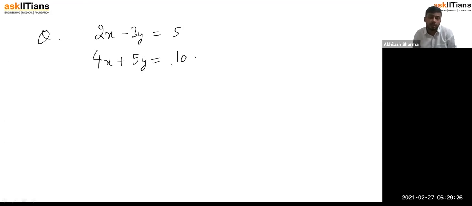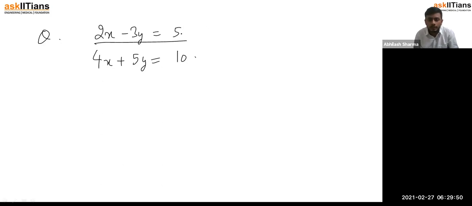Using elimination, right? So if it is given to solve by elimination, what we should do is we should try to make the coefficients in such a way that they are easily cancelled. So observe that if I want to make the coefficient of x as 4, I should multiply this equation by 2, correct?